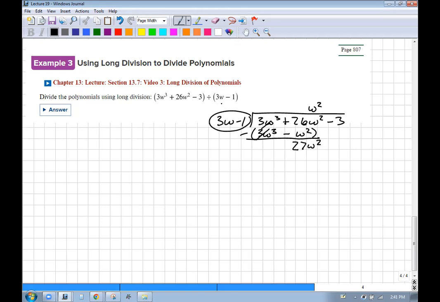Now, what do I multiply this by to get a 27w squared? Well, if I multiply it by a 9w, 9 times 3 is 27, w times w is w squared, and that's awesome. But I also get a negative 9w out of it.